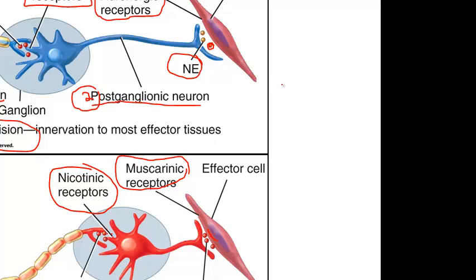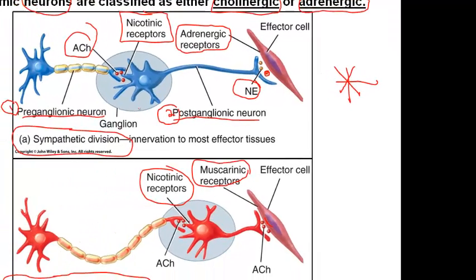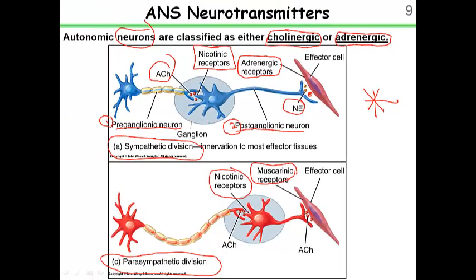So let's just quickly review. If you're a sympathetic pathway, you use acetylcholine, therefore you're cholinergic, and norepinephrine, therefore you are adrenergic. If we look down here, parasympathetic, both pre and postganglionic neurons use acetylcholine, so they're both considered cholinergic.